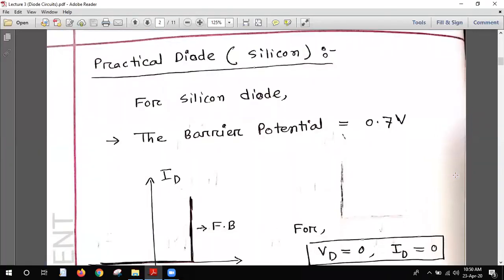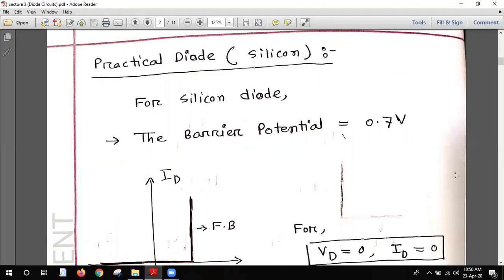Now we will discuss the practical diode. So what is the difference between the practical diode and the ideal diode? The difference is only one thing, that is barrier potential. For a silicon diode, the barrier potential is 0.7 volt. Please remember this.